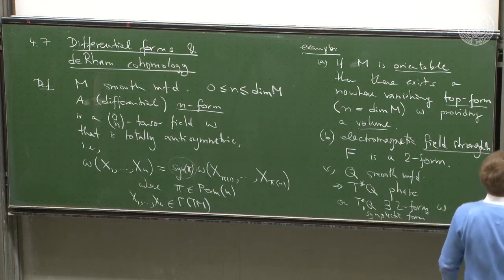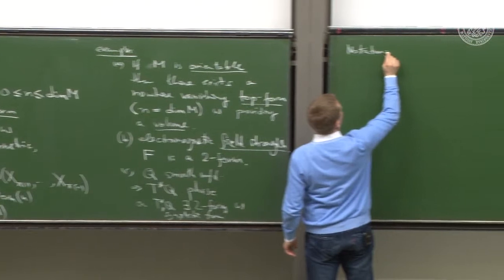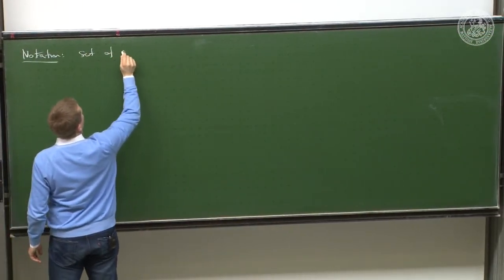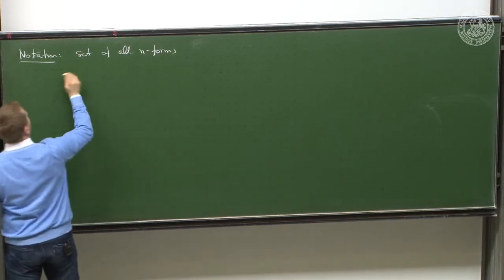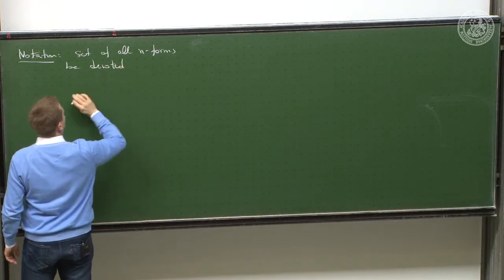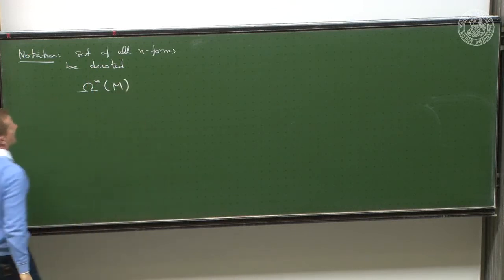Okay, so we introduce some notation. The set of all n-forms will be denoted Omega^n(M).